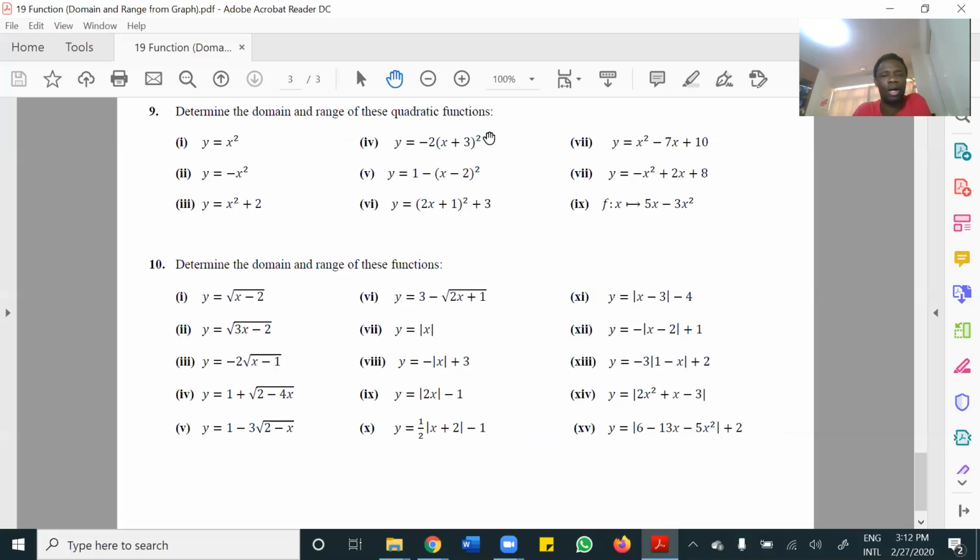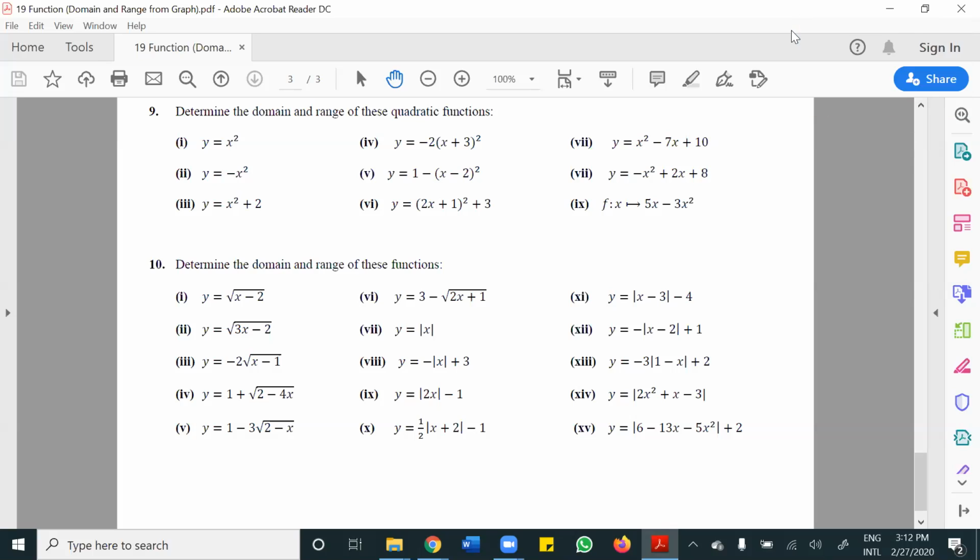Okay, how about this? Can someone try to tell us what the range will be? Someone else. Range of this. A set of real numbers that is less than or equal to negative 18.